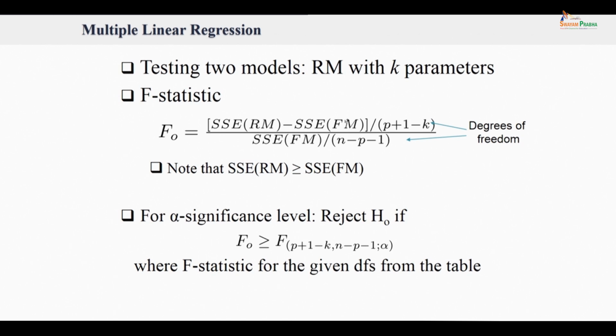We can compare it with the full model and again perform a test to decide whether the inclusion of that independent variable makes a difference or not. So this kind of combination can be done depending on what stage you are at, and we will be using that in what we call the sequential method for subset selection, which will be discussed in a later lecture. But essentially the R functions only provide a comparison between the reduced model, which contains no independent variable, and the full model, which contains all of the independent variables.